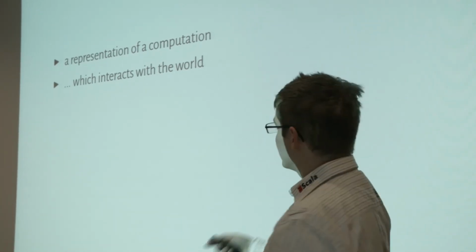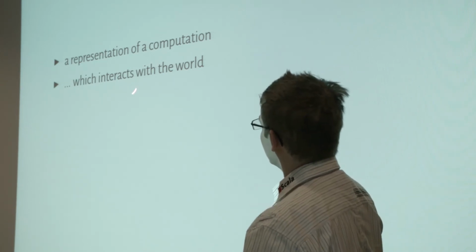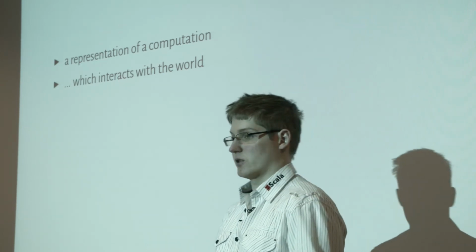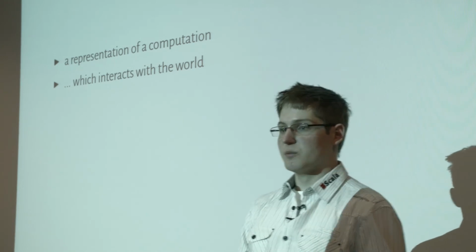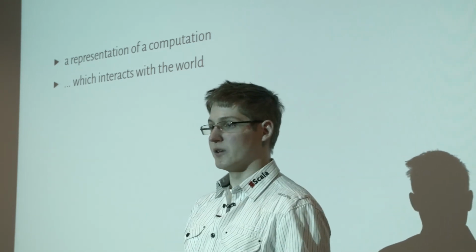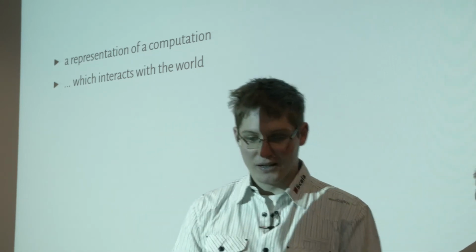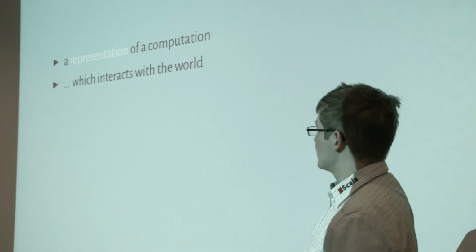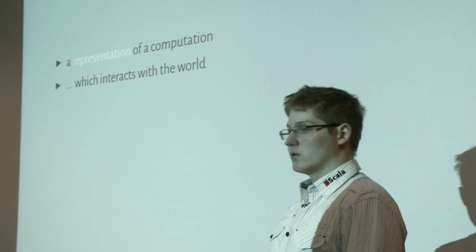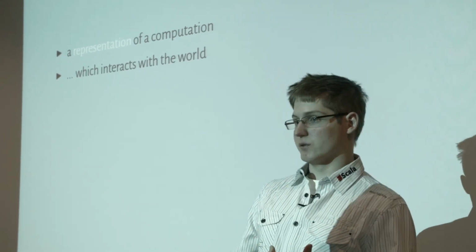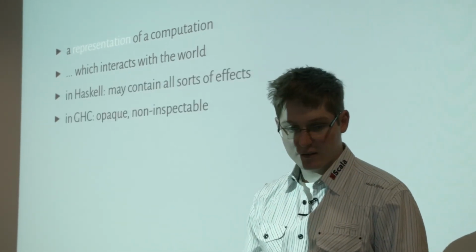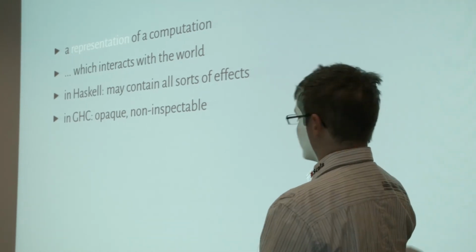And the point of I/O is that this adds some interaction with the real world. So instead of fetching some ingredients for your cooking, you fetch some data from a database. So that's kind of the same thing. And the important bit here is that it's a representation. So the compiler implementers can choose whatever they want here. In Haskell, I/O means that it can contain all sorts of effects.